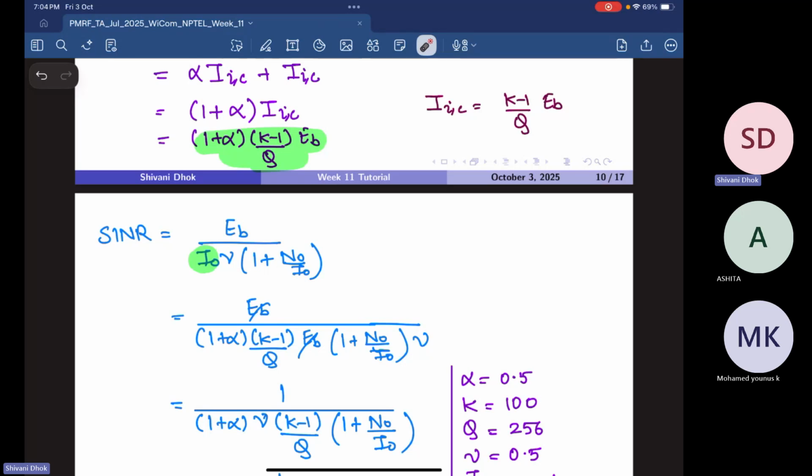Now, if you want to get the dB value, you need to take 10 log of that SINR to the base 10. That will give you signal power in dBm minus noise power in dBm, or signal power in dBW minus noise power in dBW. So when a ratio is translated to a difference, or a product is translated to a sum, in that case you will be substituting your dB values.